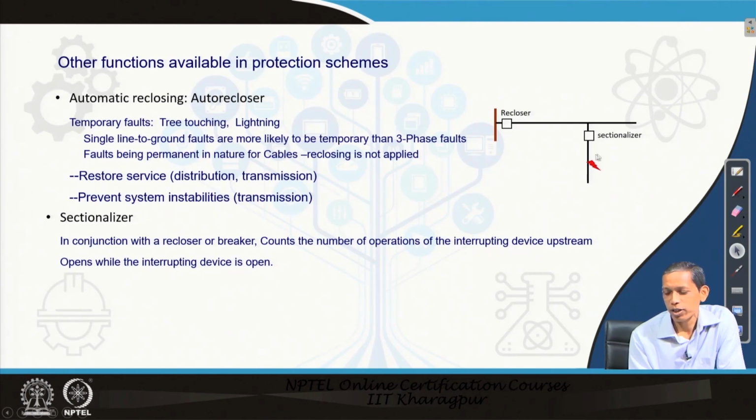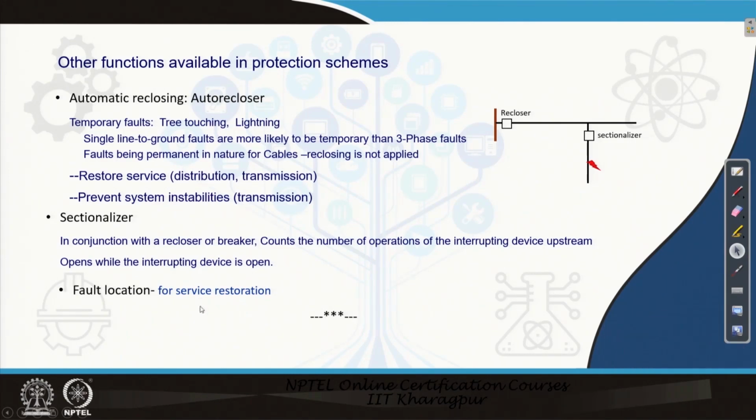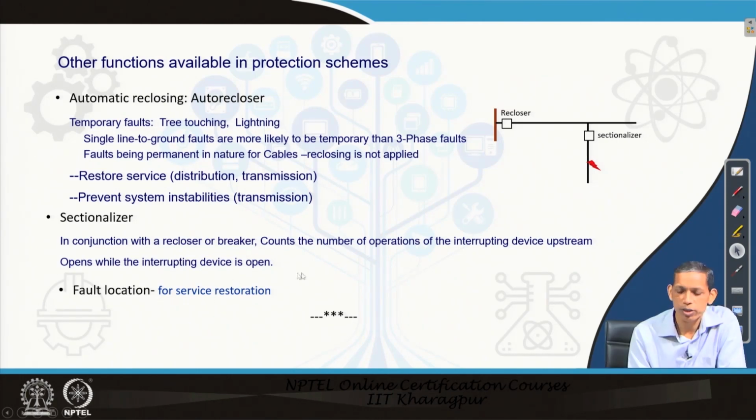That successfully isolates this portion, and the rest of the network can remain intact. In addition, fault location can be considered in the protection scheme, which can pinpoint where the fault has occurred, so the maintenance crew can restore the service as early as possible.